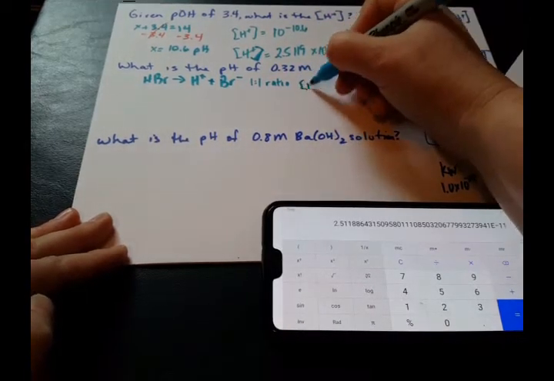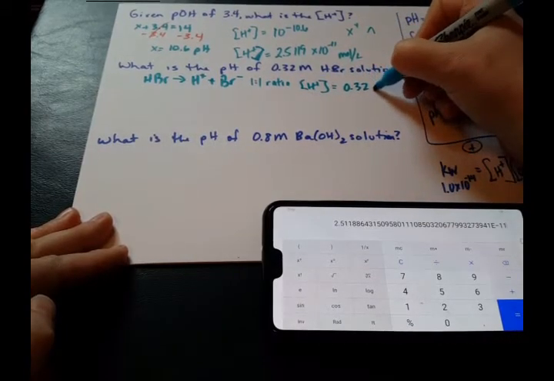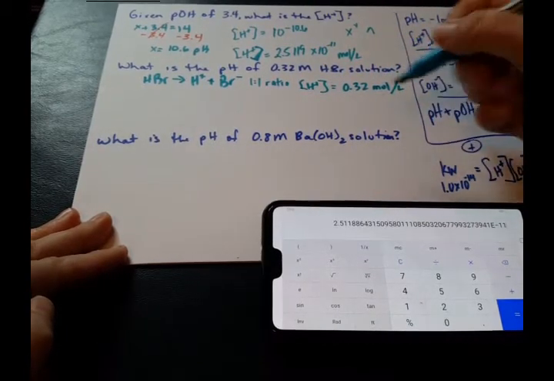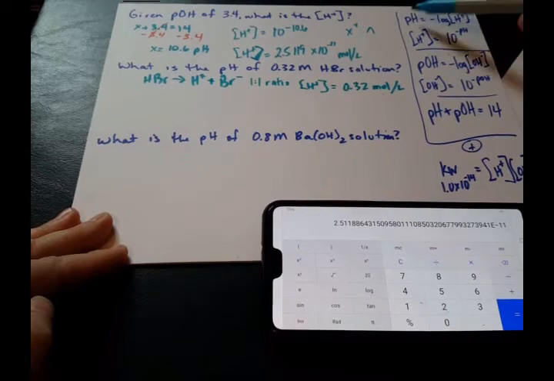So we can assume then that the concentration of hydrogen ions is 0.32 moles per liter. So we'll use this here in our equation, the top one, to calculate for pH.